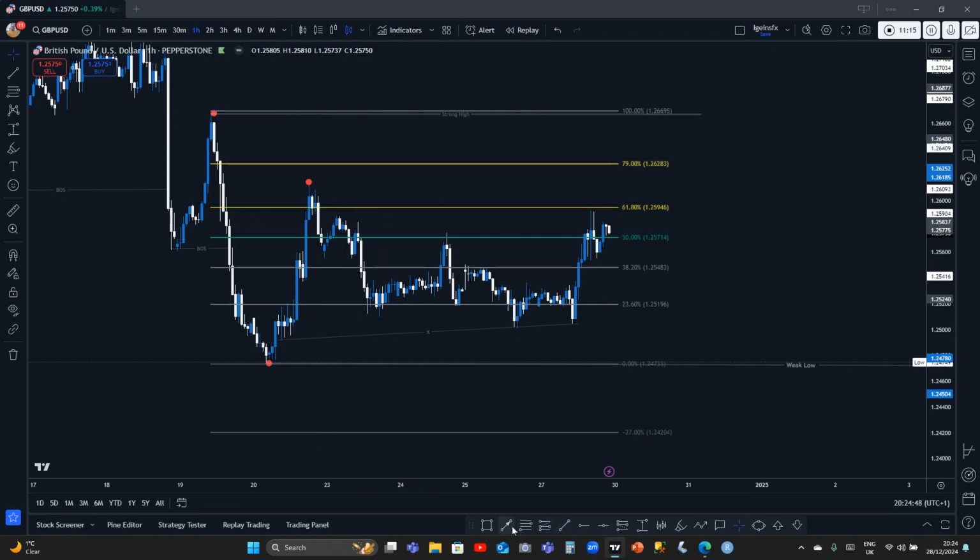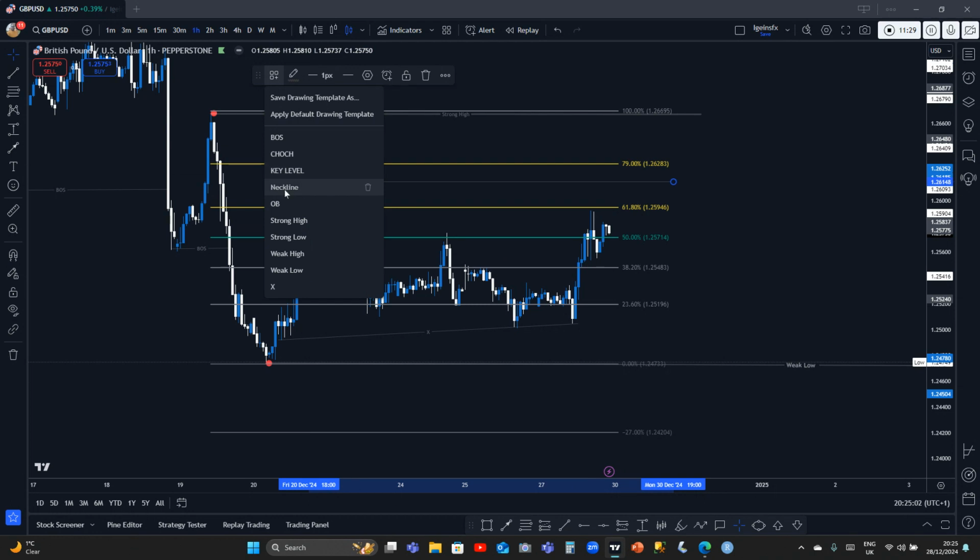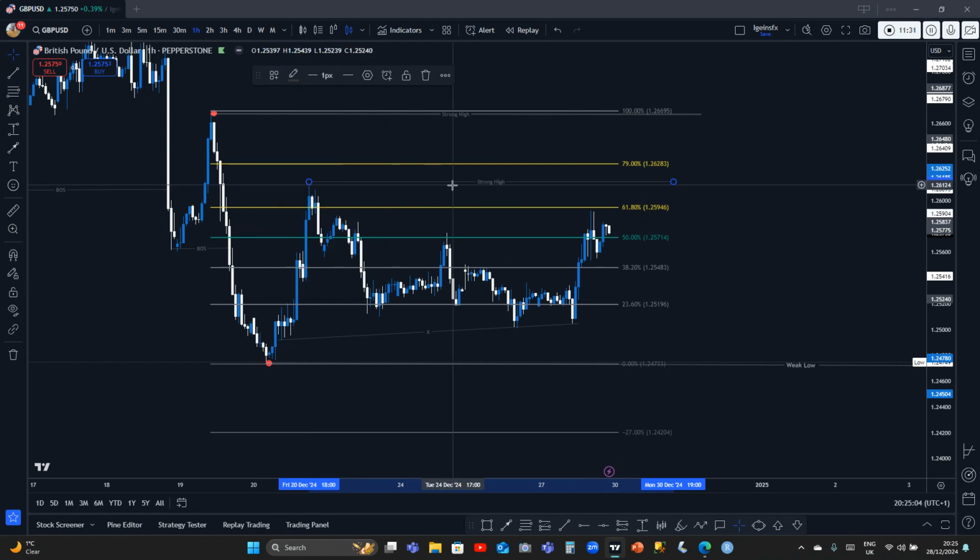And what do we call this? We call this a strong high. All right, it's a strong high. This is a strong high, but we need to wait until it breaks this structure down, until it takes out this weak low.